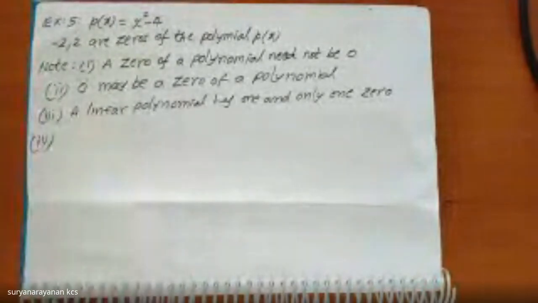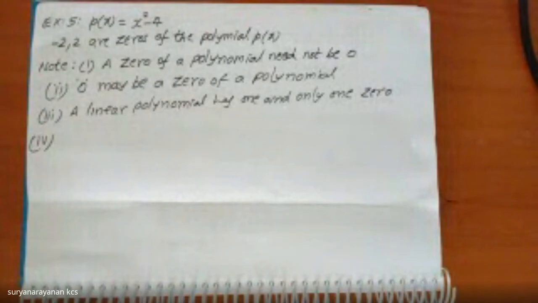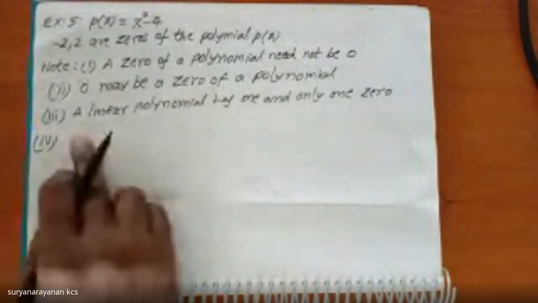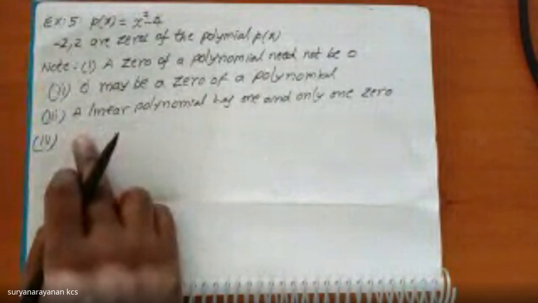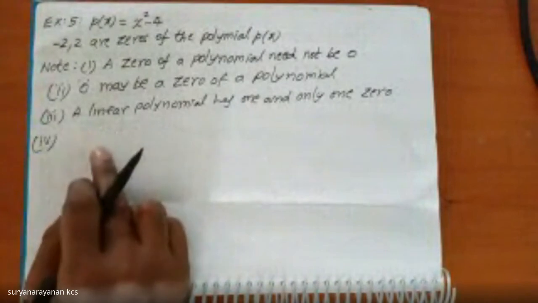Okay, some network issue, maybe there may be a network issue in your area. So for a quadratic polynomial, 2 zeros. For a cubic polynomial, 3 zeros will be there.